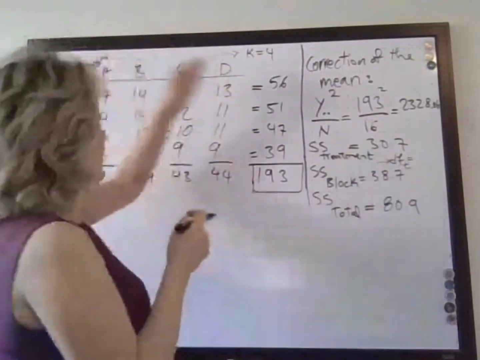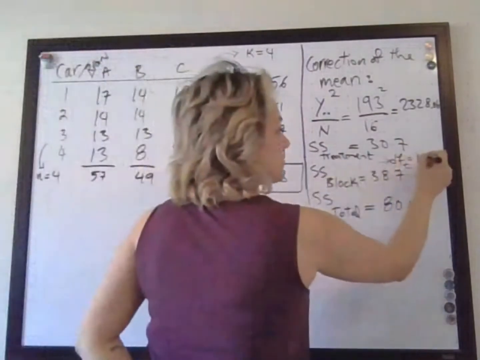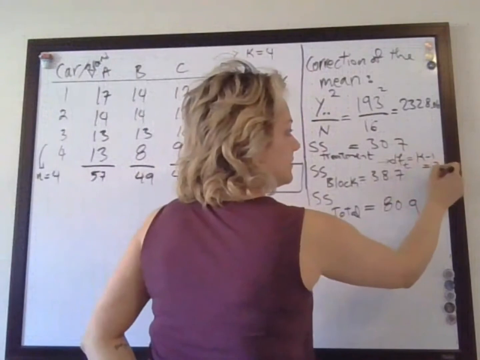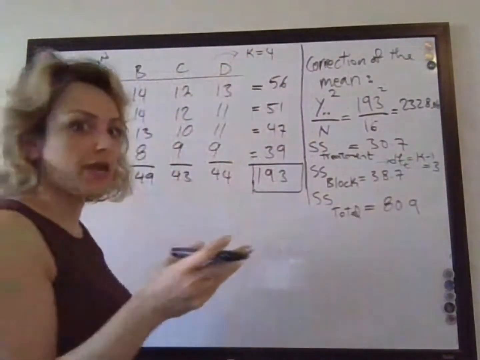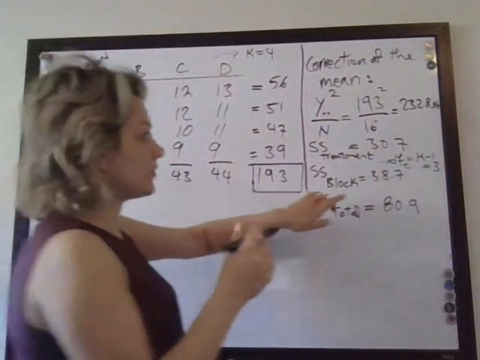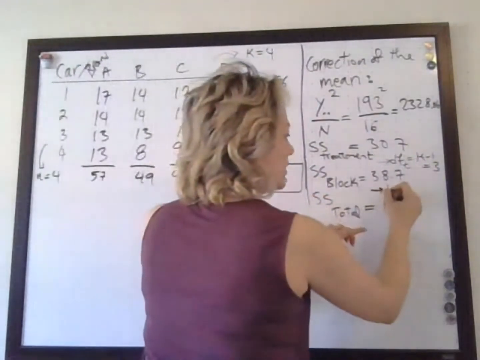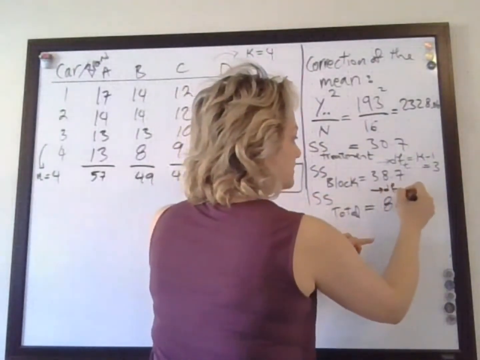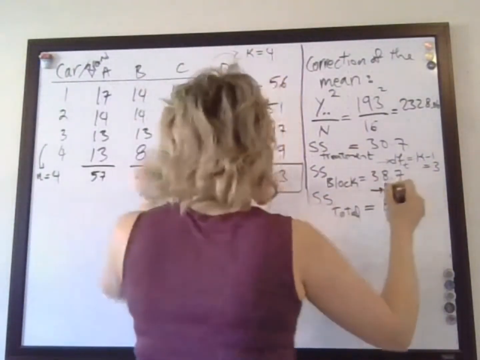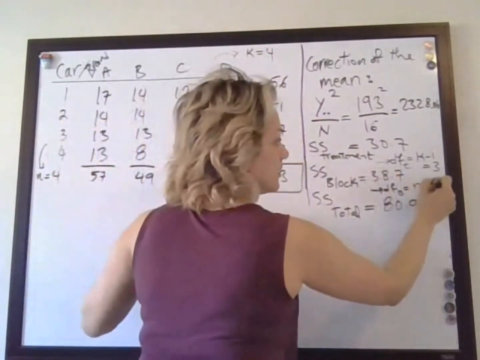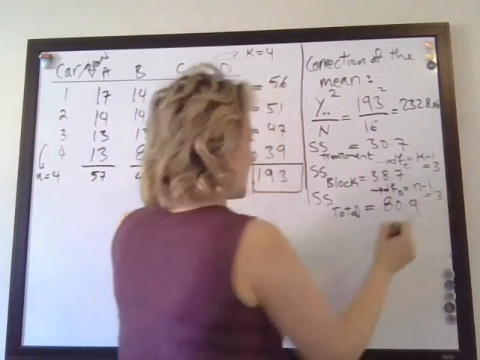We had k levels, right? So it's going to be k minus 1, which is 4 minus 1 equal to 3. And then the degree of freedom of block is n minus 1. It's going to be 3 as well.